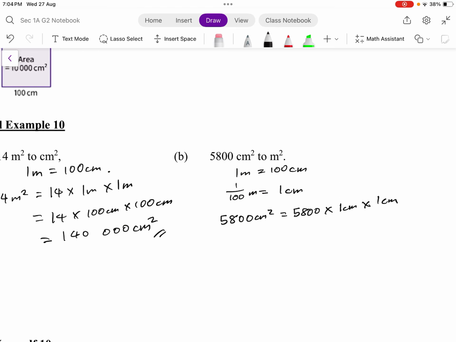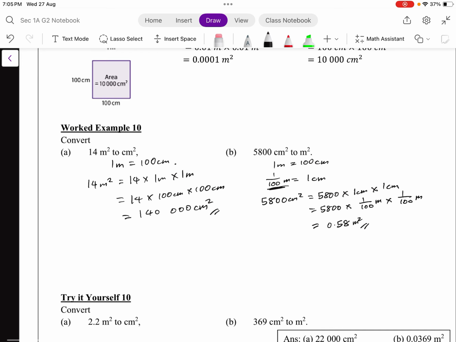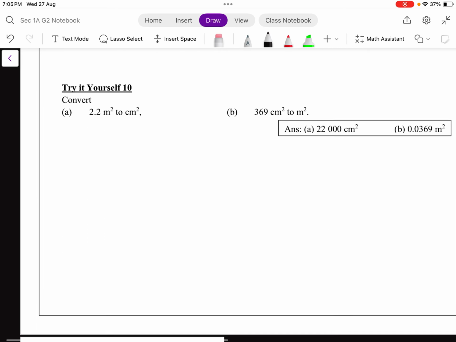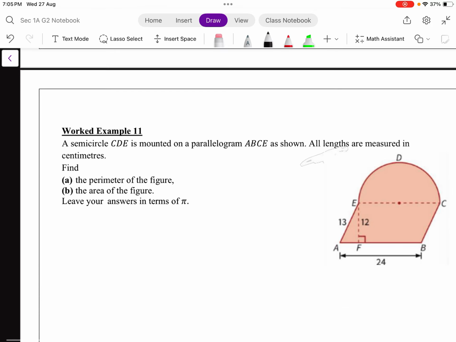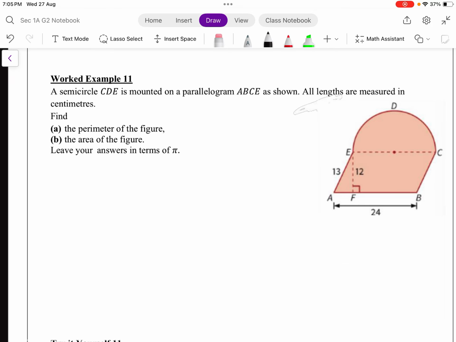And we know that 1 cm is 1 over 100 meter, so 5800 times 1 over 100 meter times 1 over 100 meter. Divide, I will get 0.58 meter square. So it becomes a lot smaller. Hopefully it's okay. You can give try 10 a try. Answer is there. Let's go on to example 11.